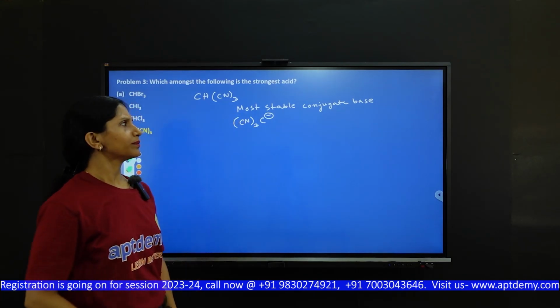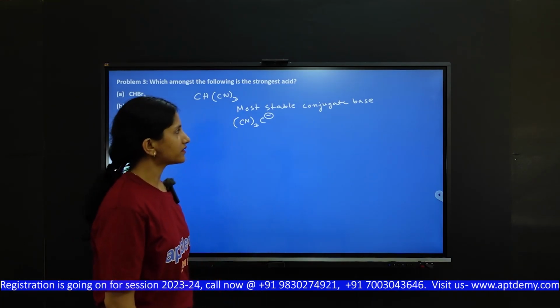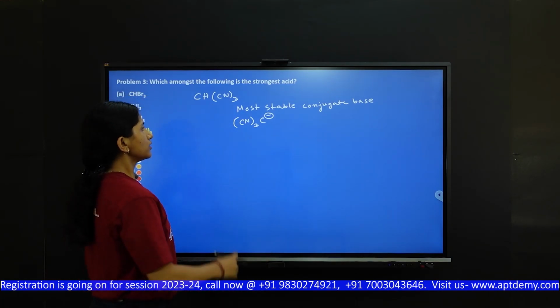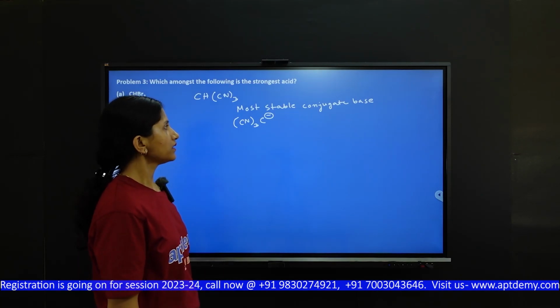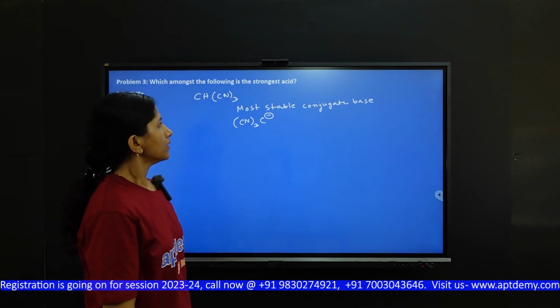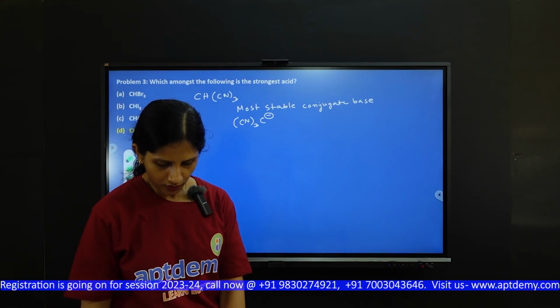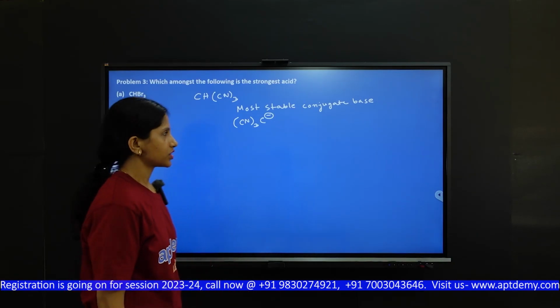This conjugate base can have very strong minus I and minus R effect, and it will be stabilized by many structures, which are actually resonating structures, right?